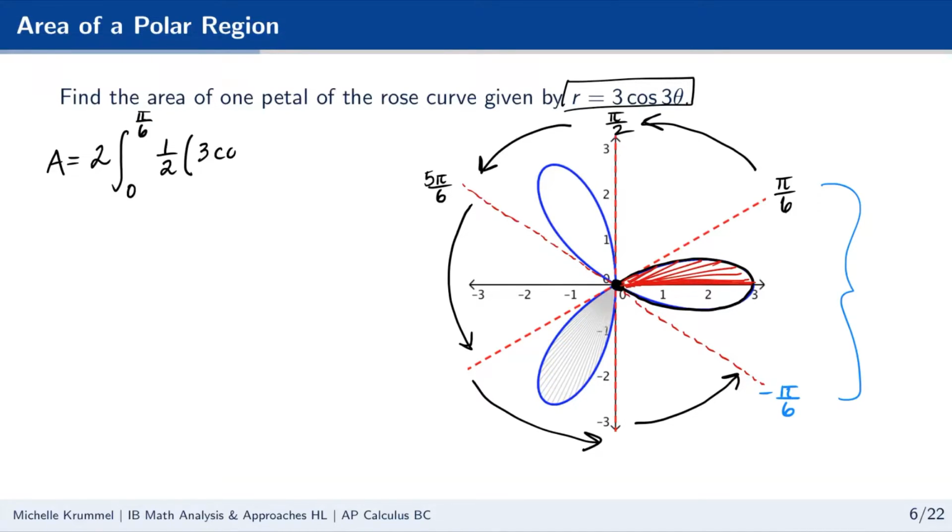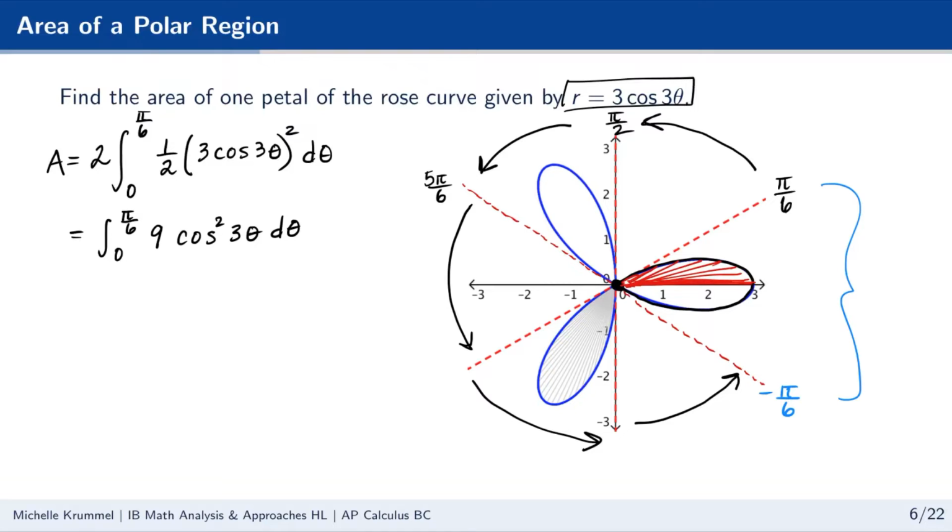So 3 cosine 3 theta squared d theta. That's our setup. The 1/2 is a constant multiple. It can come out. Gets multiplied by the 2 that's out there. So then I just have the integral from 0 to pi over 6, and I'll go ahead and square the inside here. 9 cosine squared 3 theta d theta.